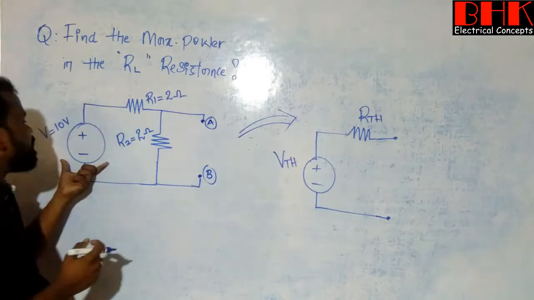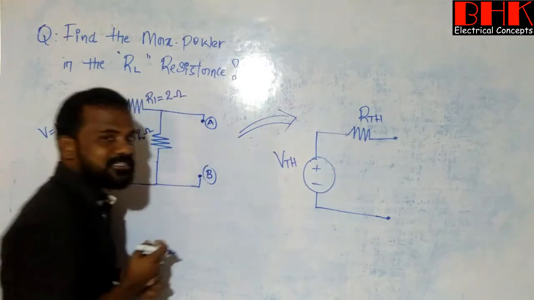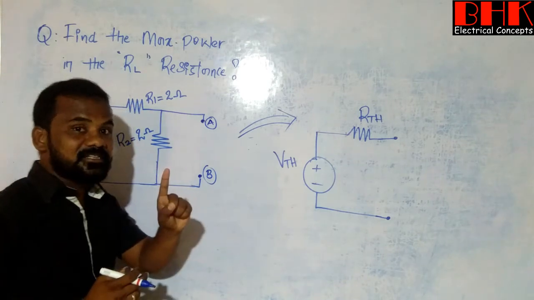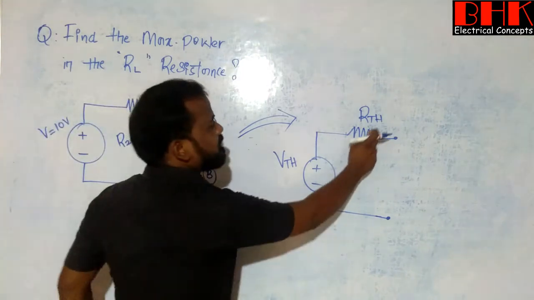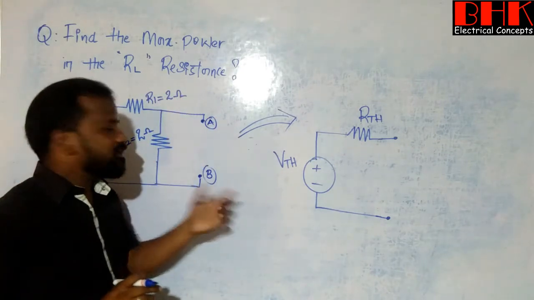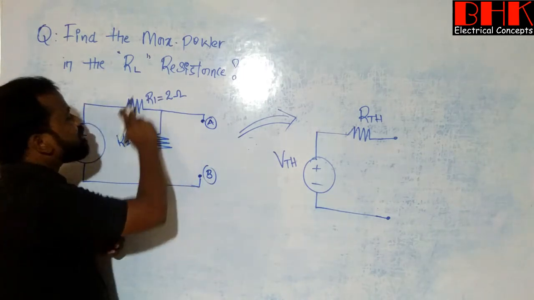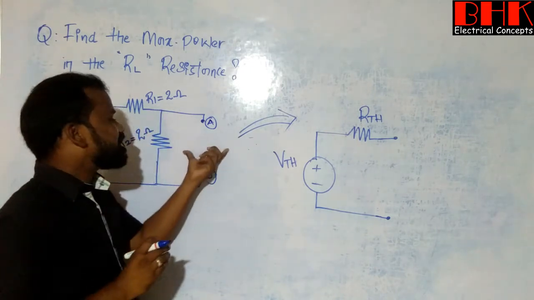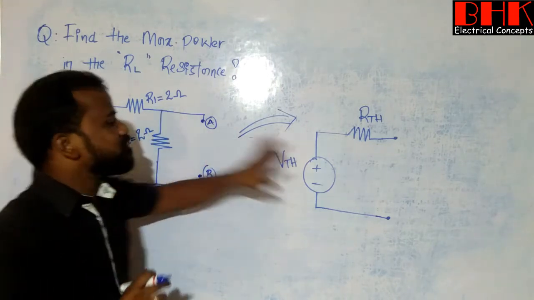We have the voltage source, R1 and R2 are connected, and here only one resistance is connected. If I get the equivalent of these two resistances, we will get one resistance, which is connected in series with the voltage source, just as this resistance is connected in series with the Thevenin voltage. So by observing these two circuits, there is a similarity between them. I need to calculate the equivalent resistance of R1 and R2. So point number one is: disconnect the load resistance from the actual circuit, then convert the remaining circuit into this form.